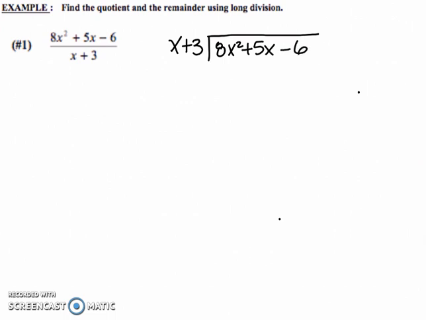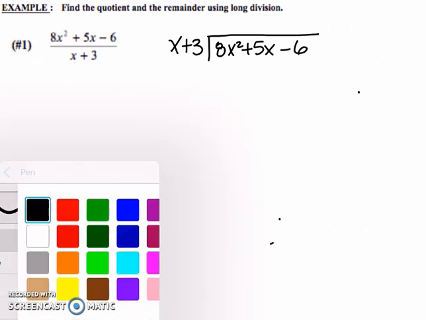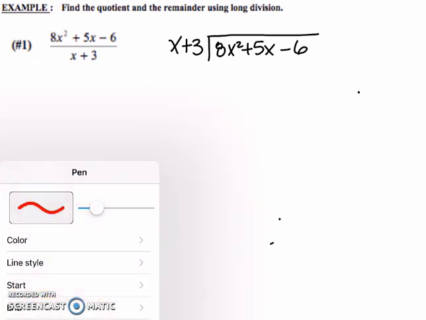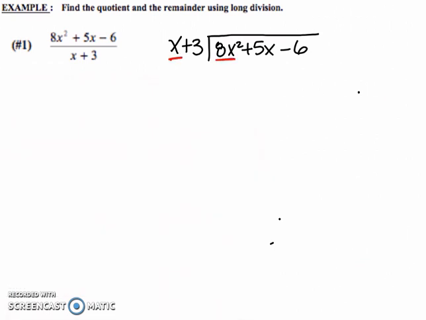Okay, so we start the same way, but we're going to look at the x, and we're going to look at the 8x squared. So the first term in the divisor and the first term in the dividend. And the question we ask is, what would we have to multiply x by to make 8x squared? The answer, of course, is 8x. So we're going to write that on the top, but we're going to write it above the x term. It goes above its like term.